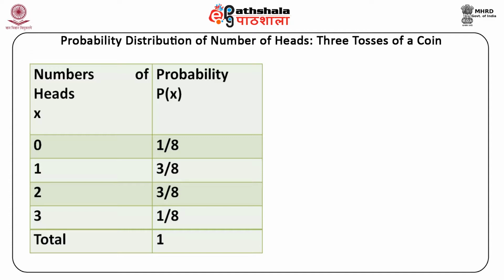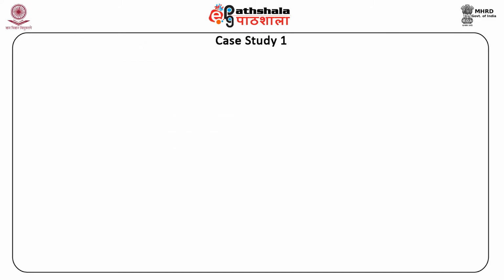X equal to 2, probability is 3/8, and X equal to 3, probability is again 1/8. All these n plus 1 values of the random variable along with the corresponding probabilities are presented in tabular form, table 4.2.